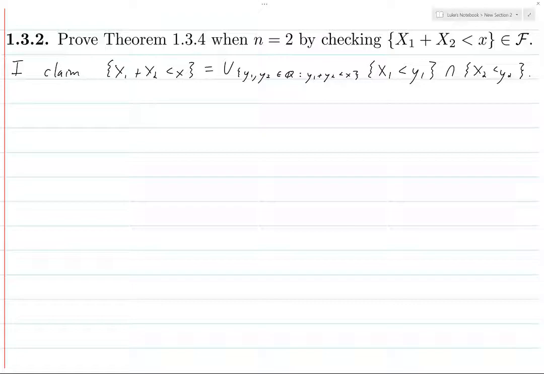And so we're taking a union over a whole bunch of elements of F, and this union must be countable because y1 and y2 belong to the rational numbers, and the set of rational numbers is countable.